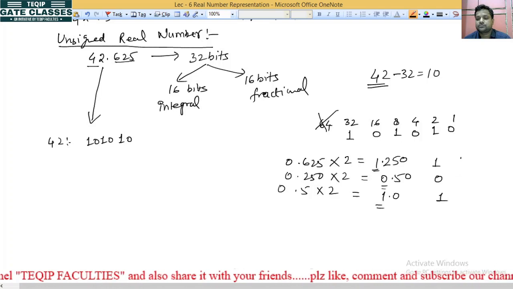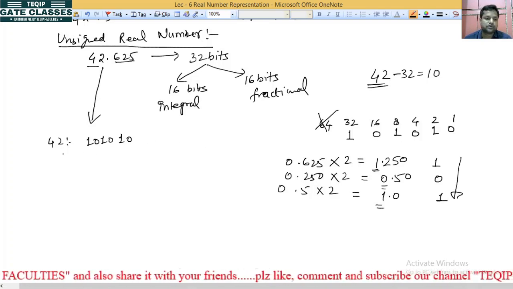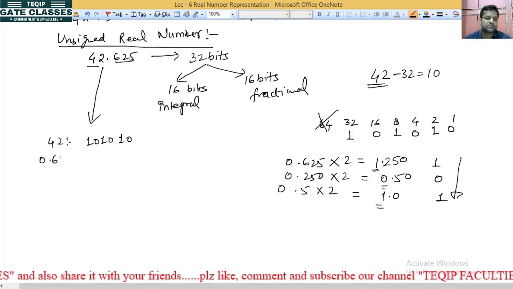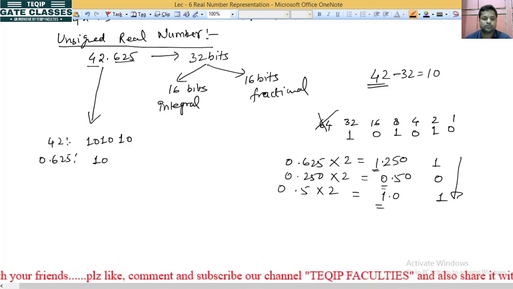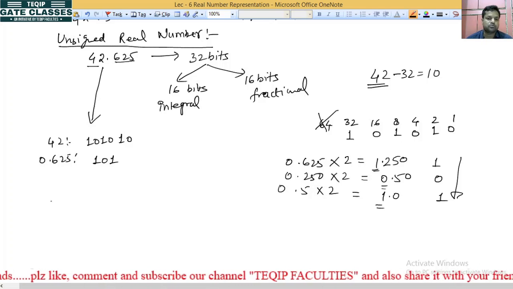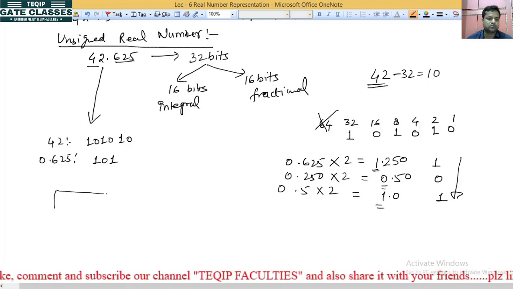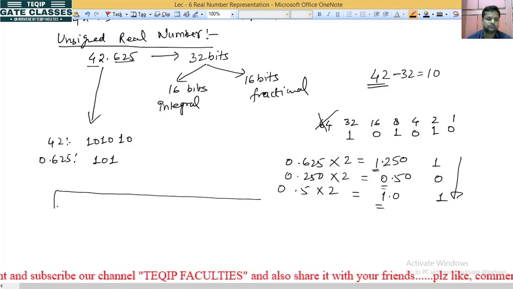What will be the value? The value is 101. So for 0.625, the value will be 101. So how do we store it in 32 bit?